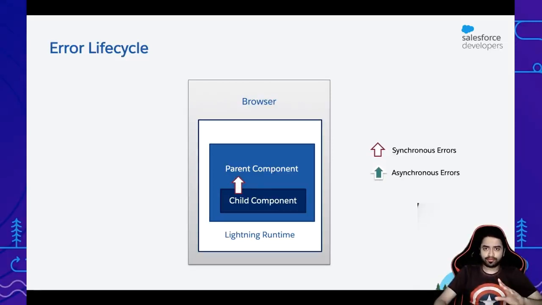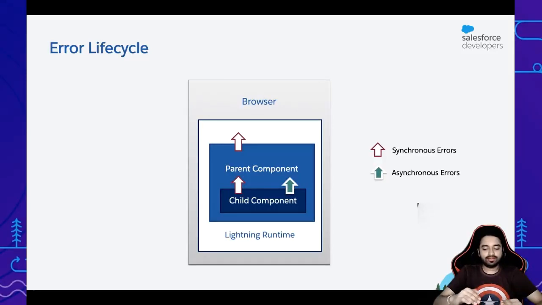And if the parent component also doesn't have a handler that can handle that error, it's going to get thrown to the Lightning runtime. And the Lightning runtime is actually going to handle that error and show a nice little pop-up saying that something went wrong. So that's the way it works. But asynchronous errors work in a slightly different way.